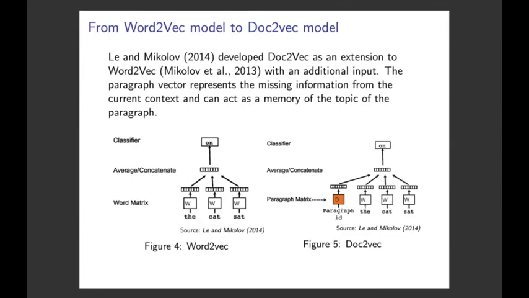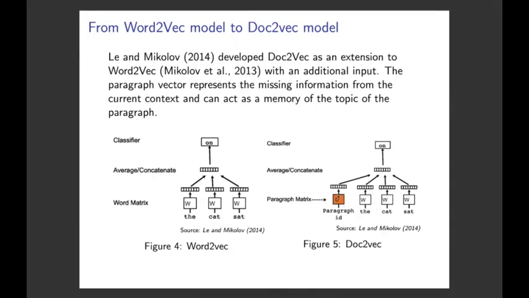For different training sets, maybe tokenized sentences share the same paragraph ID. If we don't have this paragraph ID as input, we ignore the context of the tokenized sentence. So we need this paragraph ID to act as a memory of the context of the paragraph.